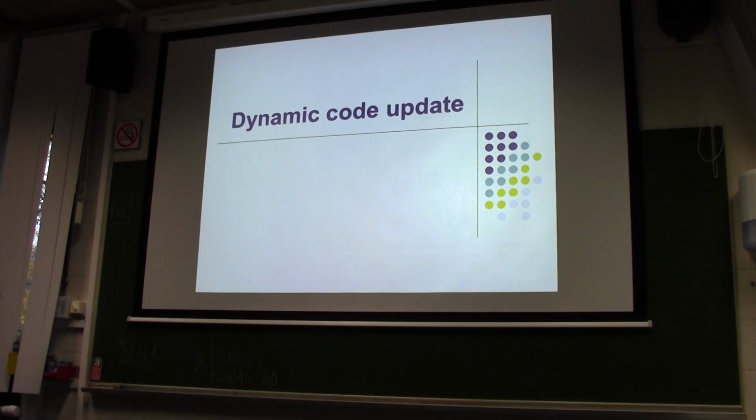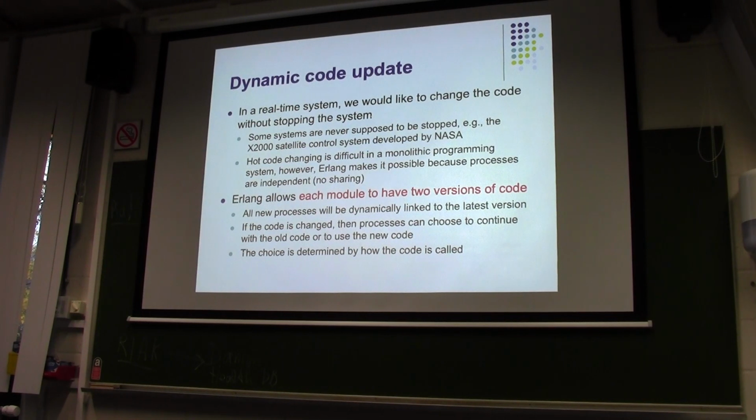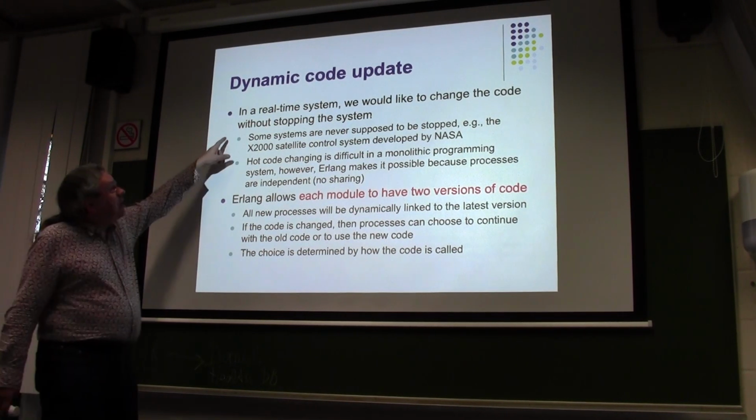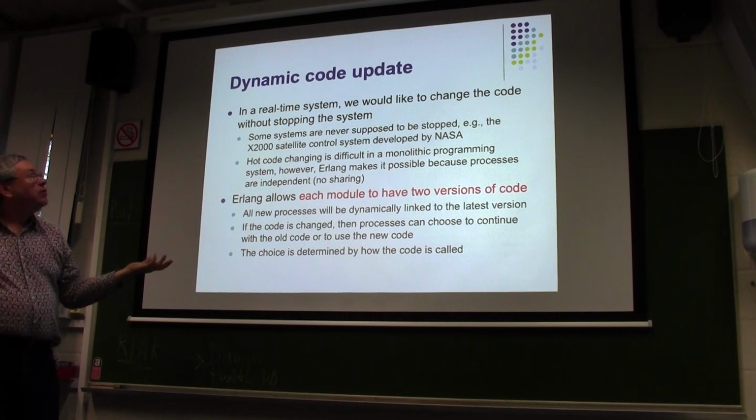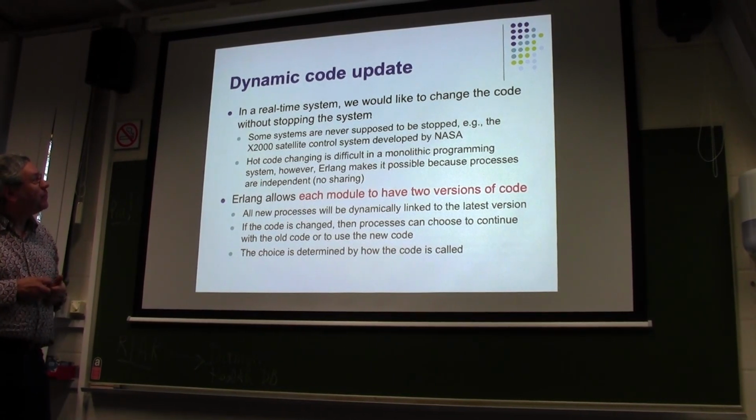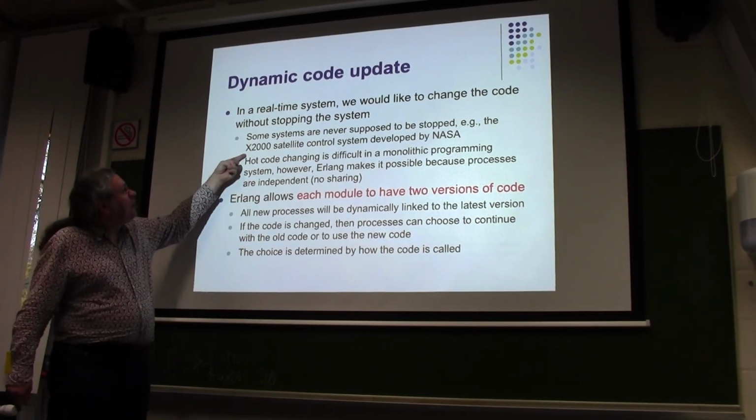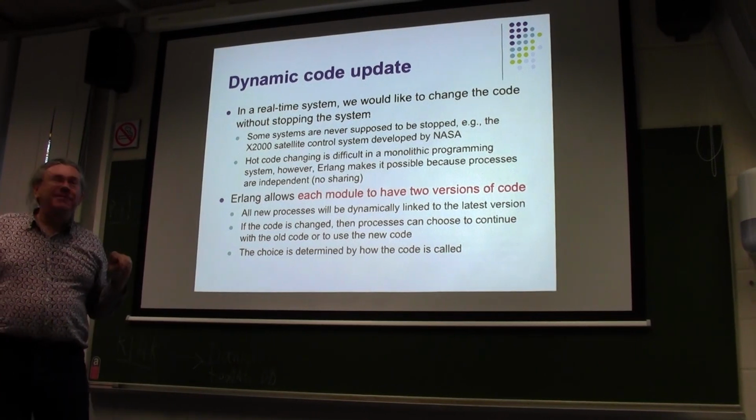That's the second reason you have to support that. So this is a thing called dynamic code update. We want to change the code, a new version, without stopping the system. And many systems are not supposed to be stopped, okay?